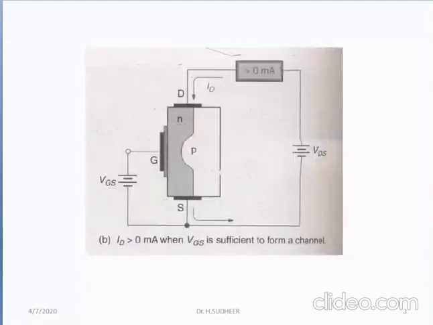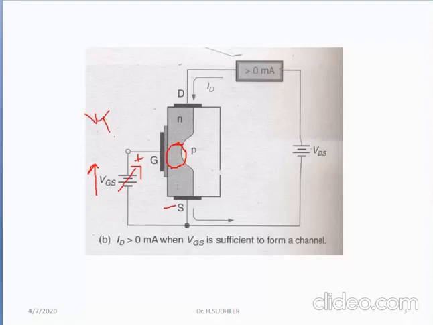In the second case, let us take VGS greater than 0. When VGS is greater than 0, G is positive with respect to source. Then this positive voltage will attract negative charges to get deposited exactly beneath the gate. As you keep on increasing VGS in the positive direction, at one particular voltage where VGS is equal to VT, this is called the threshold voltage or inversion voltage.